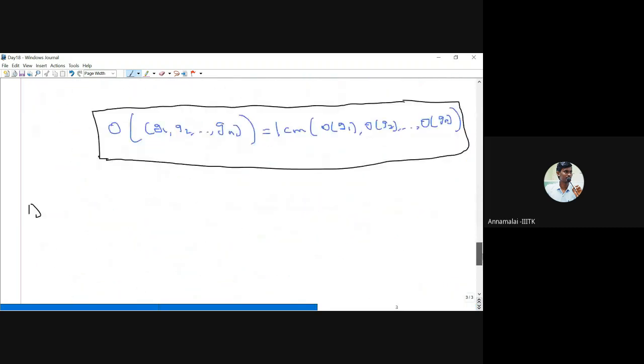Suppose G1 and G2 are two cyclic groups, or you can take A, B, or G1, G2, any you like. G1 is one cyclic group and G2 another, finite cyclic groups. That is very important. This result is only true for finite groups, that is, both G1 and G2 are finite cyclic groups.